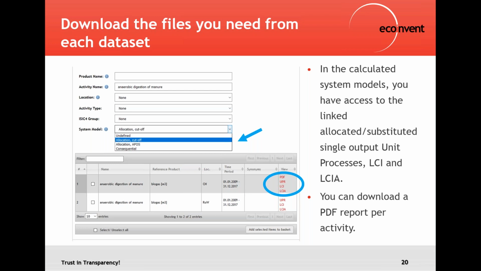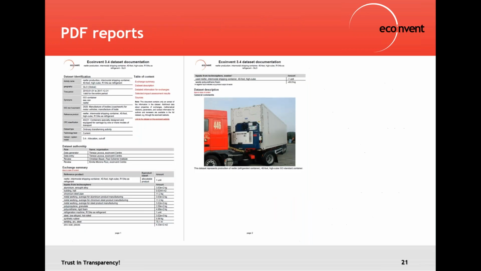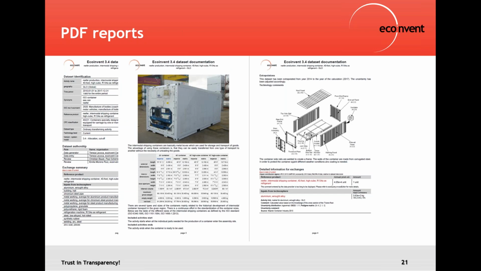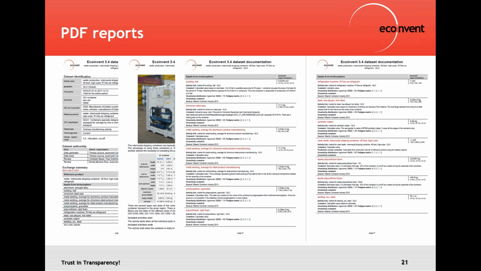What is this PDF report? PDF reports are downloadable reports that we generate per dataset, and they give you access to all the information that is in the dataset. So you have the general comment with images and tables and the source of the data, the technology field also with schemes and tables, and also the full inventory with, for example, properties which are not supported by any LCA software.